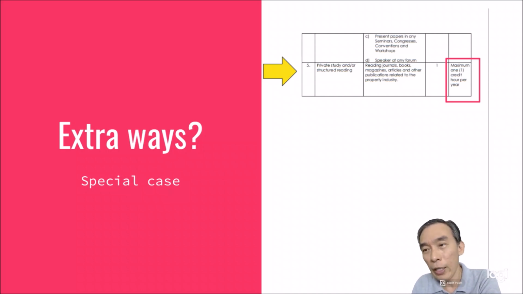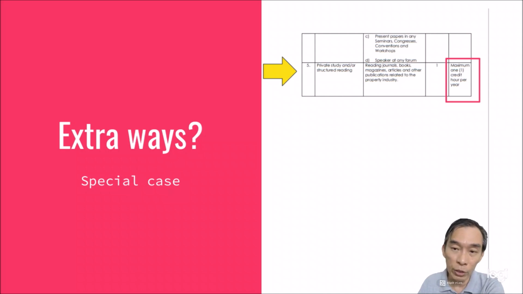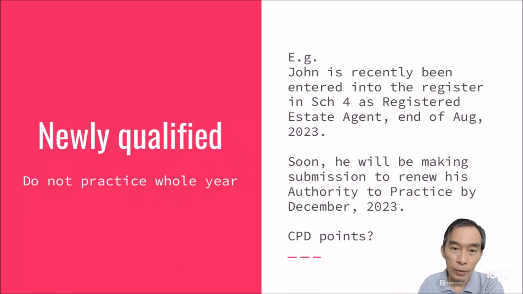So let's say I prove to the board that I am able to draft a system of online study, maybe for the good of the students, as well as to contribute to the body of knowledge for estate agency. Maybe I apply to the board and they will give me 1 CPD point. So all in, I have 3 already. So I attend another event which can give me 2 CPD points, then I can renew my 2024 probationary estate agent registration. So what about the newly qualified?